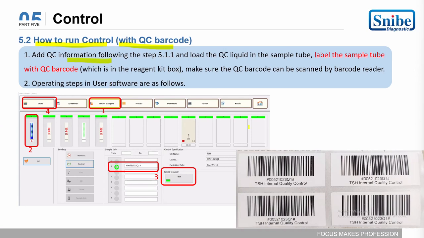You need to use the labels on the tubes containing the quality control solution, and then load on the sample area, and the barcode will be automatically detected and recognized by the barcode reader, and the quality control will be recognized. You don't need to click control here. And then you just click start to start the test.